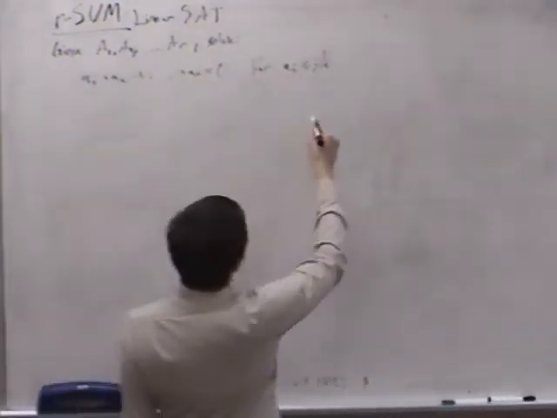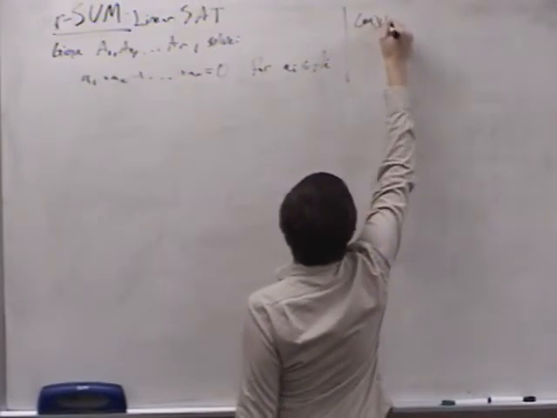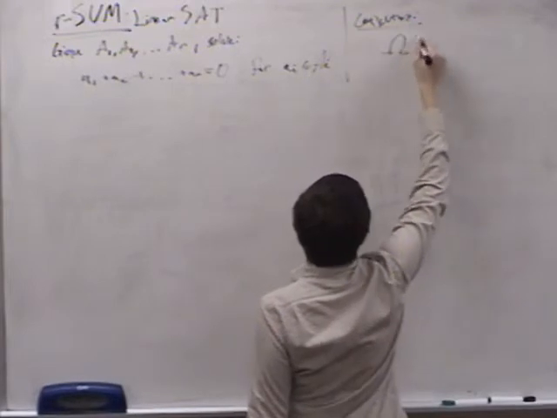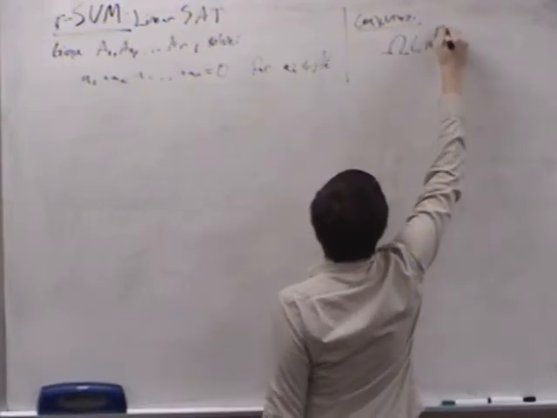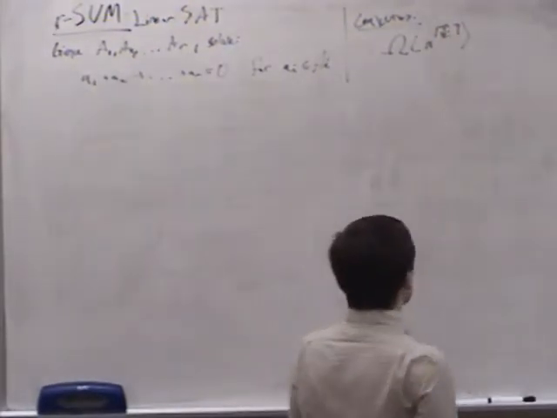Again, there is a conjecture to go with it, that this problem takes Omega of n to the r over 2, or the ceiling of r over 2.